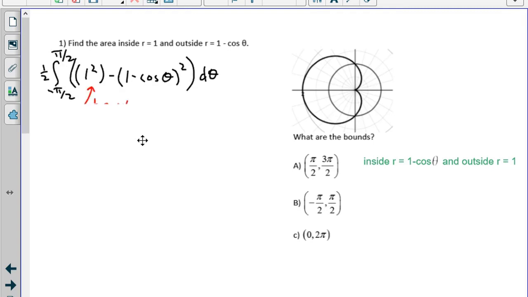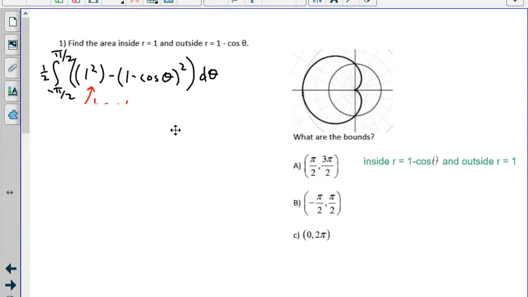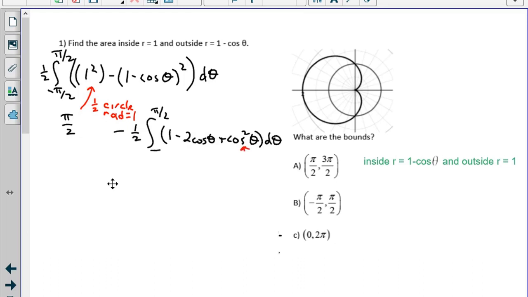So I'm going to set up my integral as such. Notice that it basically gave me this formula down here that I neglected to talk about, but you can read that. Now, one thing you might want to notice is that this is actually just a half circle with radius 1. So I can simplify my calculations by just making that pi over 2 right away.